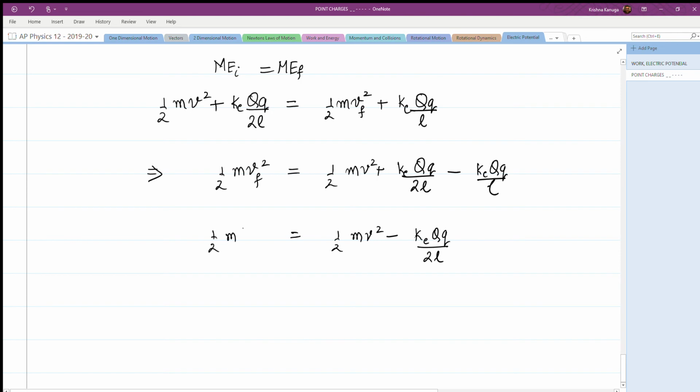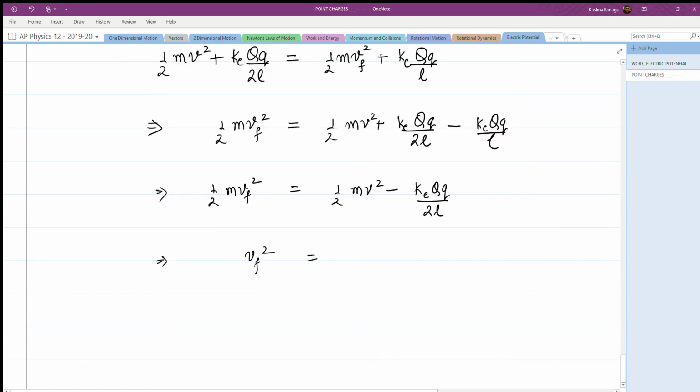Multiplying both sides by 2 and then dividing by m, we're left with vf squared equal to v squared minus kQq over L times m. Oh, actually no, there's no 2. So the speed vf is the square root of v squared minus kQq over L times m.